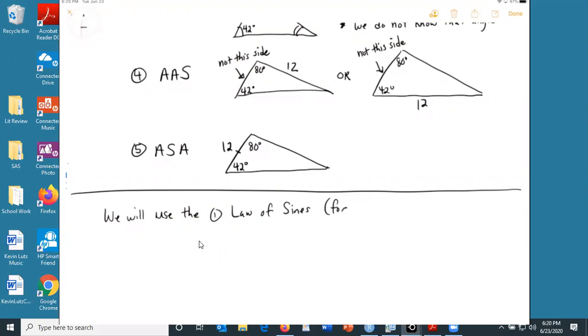We'll be using it for angle, side, angle, angle, angle, side, and side, side, angle. And number 2, we will use the law of cosines for side, angle, side.